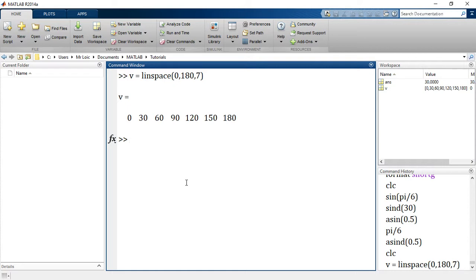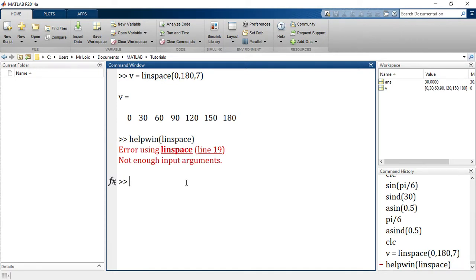So that's our vector v. You remember how linspace functions. And by the way, if you don't remember, just type help linspace. Sorry about that, not enough input.